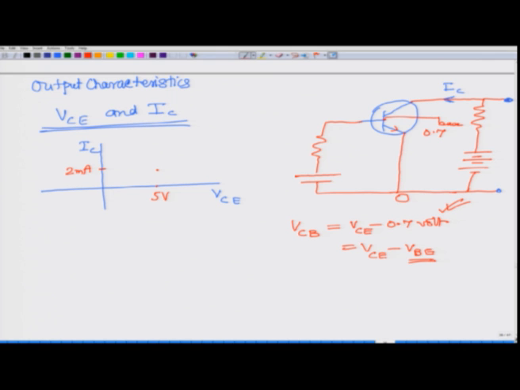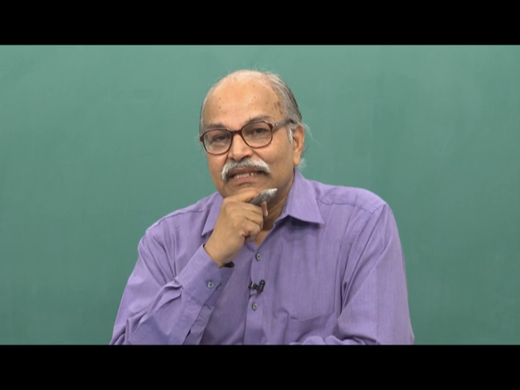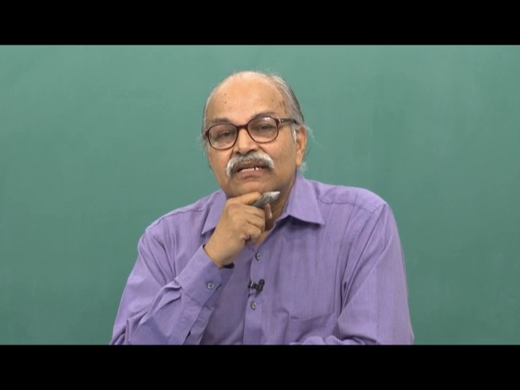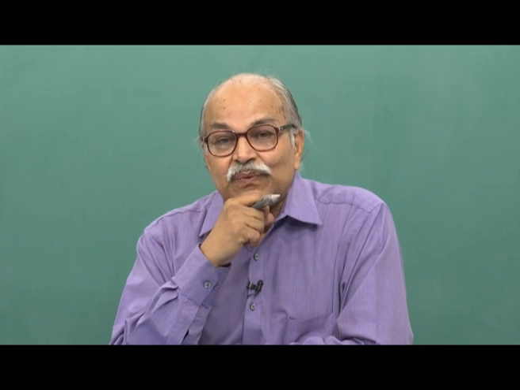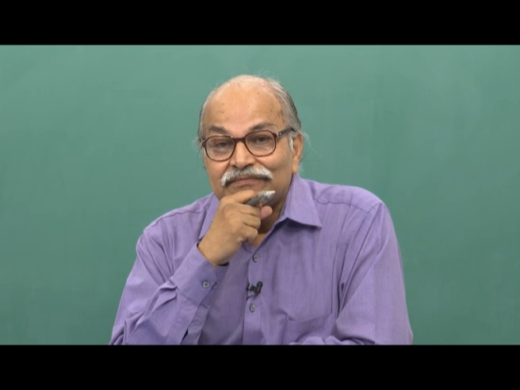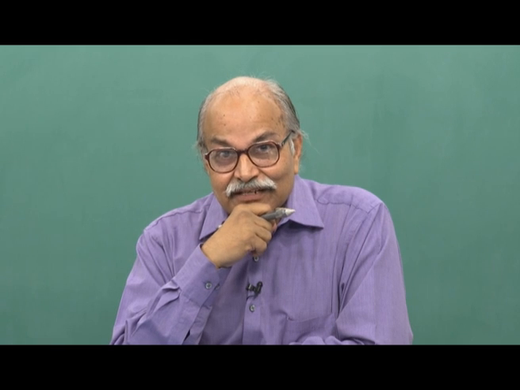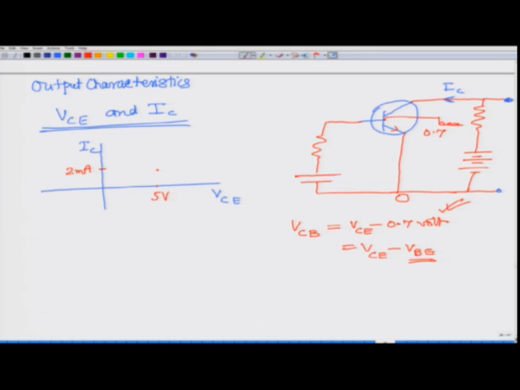If I increase VCE from 5 volts to say 6 volts by changing that VCC battery voltage that I have applied, the reverse bias voltage will be increased. Will it draw more electrons? Not significantly, because remember this is going from P side to N side, this is an NPN transistor.